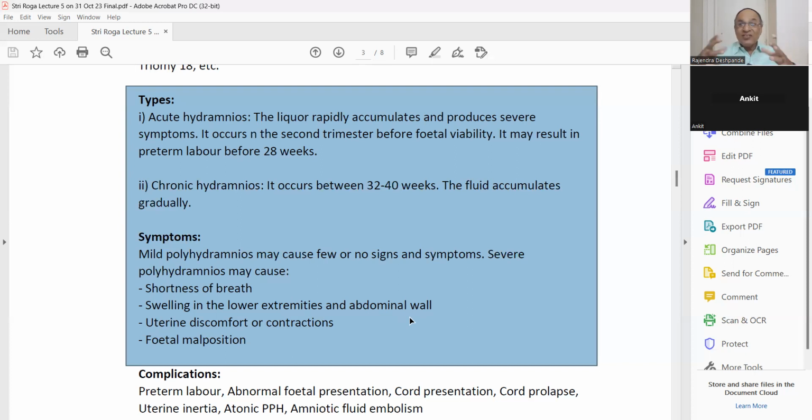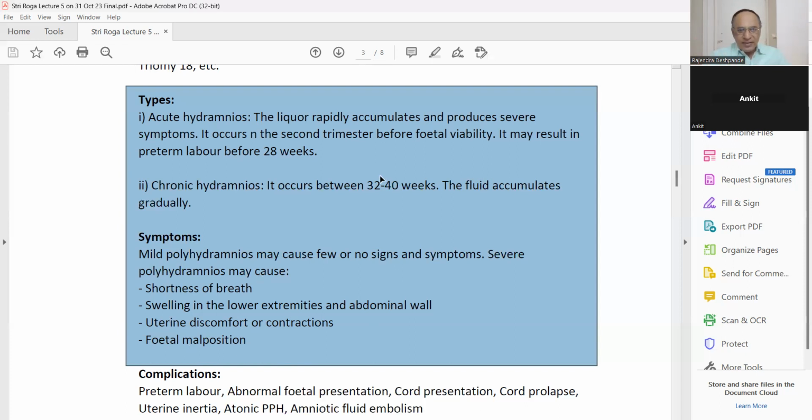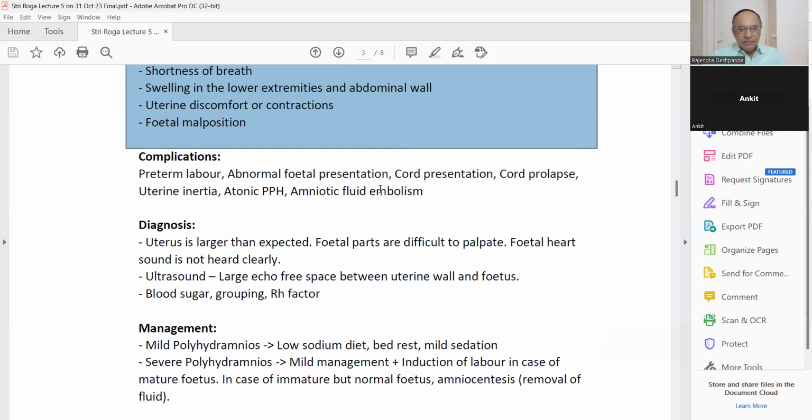Just for joking, it's like ascites, udara vyadhi, which is something different and not related to pregnancy, but it is big. The fluid will be there and the abdomen of the pregnant lady will be huge. Uterine discomfort will be there, some contractions and pain, and fetal malposition. The fetus will not be in a proper position. Next, we will go further.